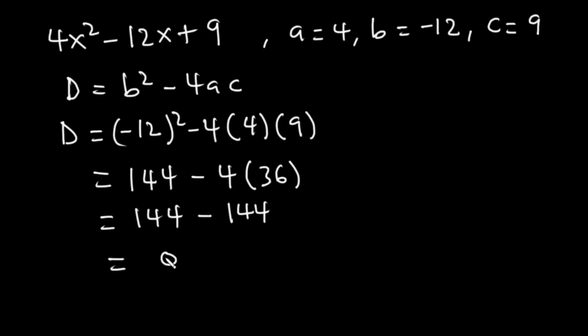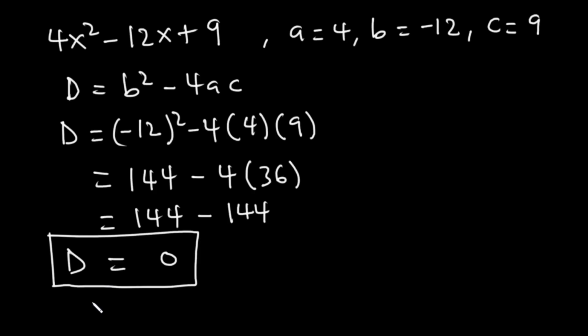So the discriminant is equal to 0. Since the discriminant is equal to 0, the equation will have two real and equal roots, or sometimes we can say that it has only one real root.